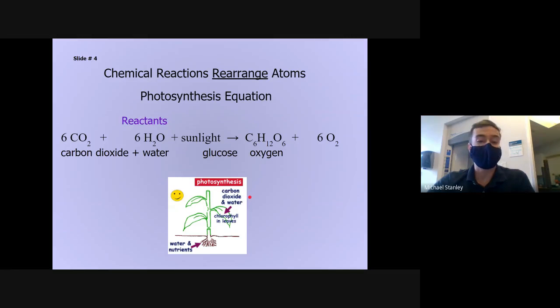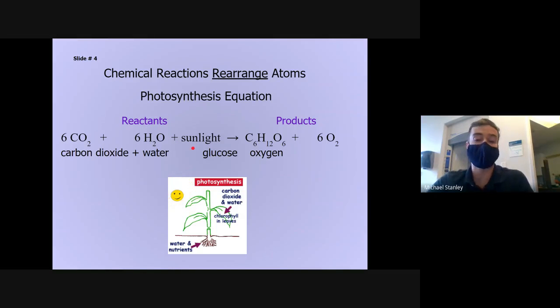So we're changing one set of substances into something new, something different. One of the big things that I talked about yesterday is how chemical reactions rearrange the atoms that we're dealing with. We looked at this photosynthesis equation yesterday. We have carbon dioxide and water absorbing energy from the sunlight.